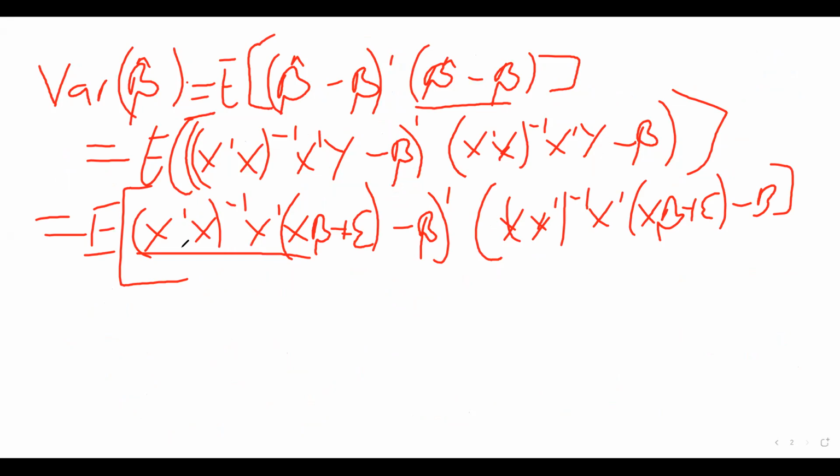Now, when you take its expected value, you are going to get beta, because the expected value of the error term, we know that to be 0. So eventually this is going to be 0. But remember this: there's a plus in between. Let me use a different color for you to appreciate this.